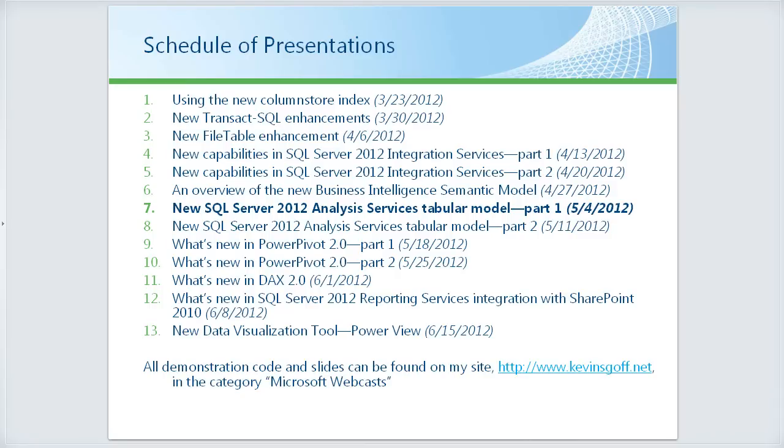And both today and next week, we're going to look at the new tabular model. This is another way to create analytic databases without necessarily having to go through the full-blown learning curve of OLAP. Now, this is still large enough of a feature that we're going to spend 2 weeks looking at it. So today is going to be part 1 of the specifics of the tabular model, and then next week is going to be part 2.